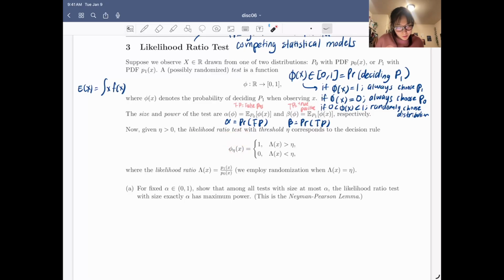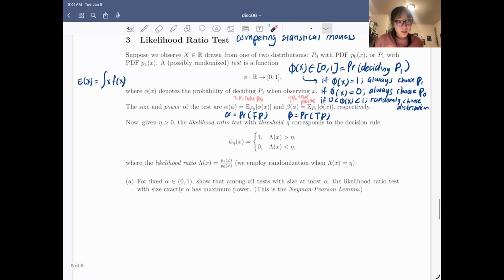In this specific test, again, we either have 1 or 0, depending on whether this big lambda of x is greater than eta, or less than eta.